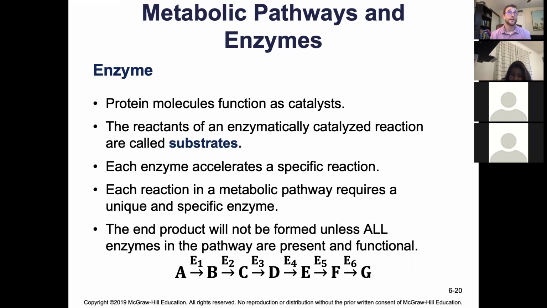As far as the induced fit model, the cofactors, coenzymes, things like that, and what can happen there. Also on Friday, I'm going to do a little activity that will hopefully make some of these things a little bit easier to understand, like competitive inhibition and non-competitive inhibition.